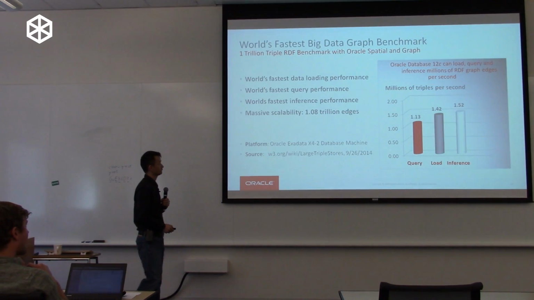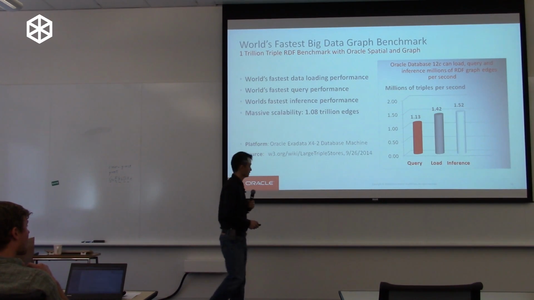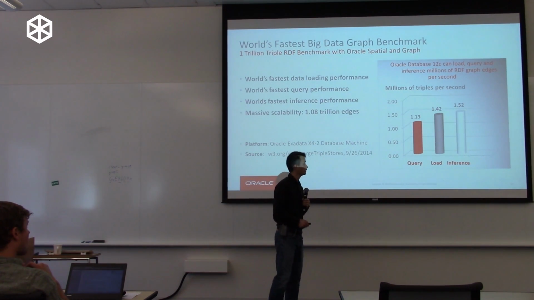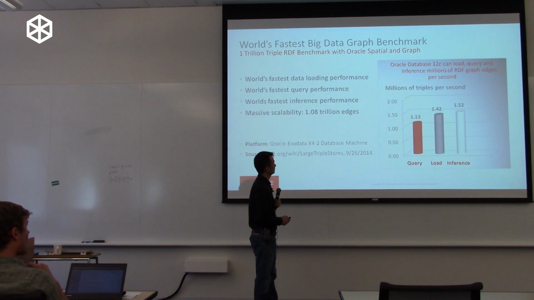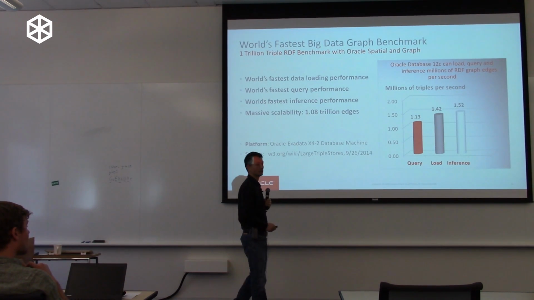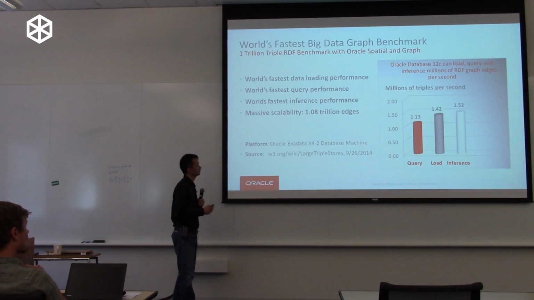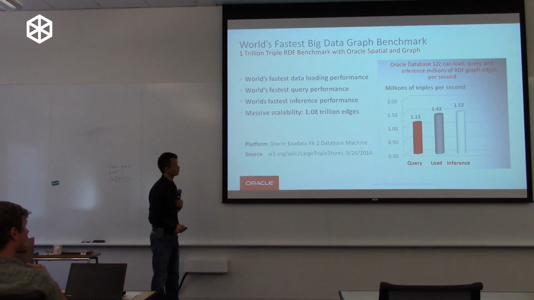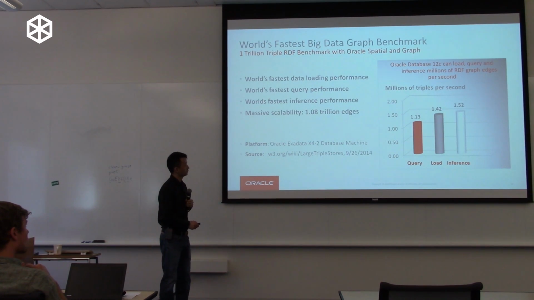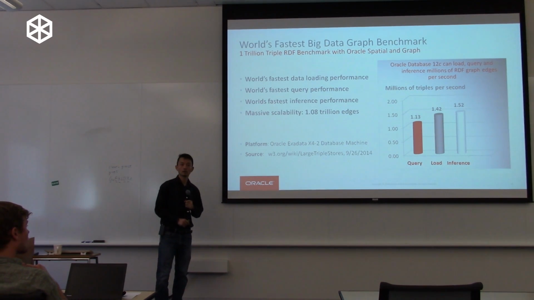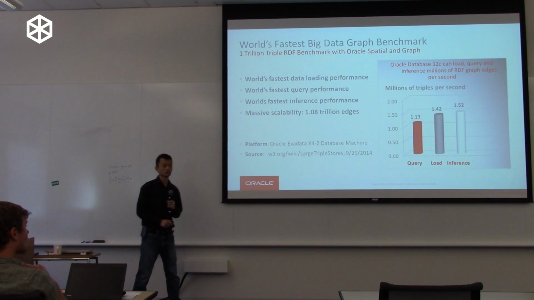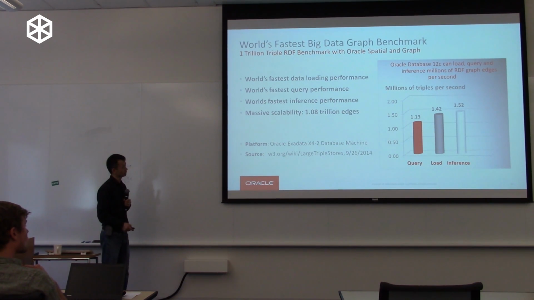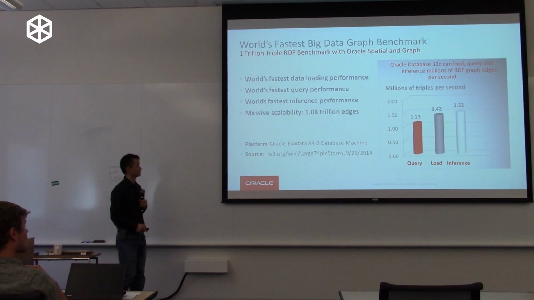This is one of the benchmarks we did, I think in 2014, 2 years ago. We benchmarked against a graph with a bit over 1 trillion edges. This measures the query performance, the data loading performance, and the inference performance. The throughputs are all well over 1 million operations per second. So, a very large graph and very efficient operations.